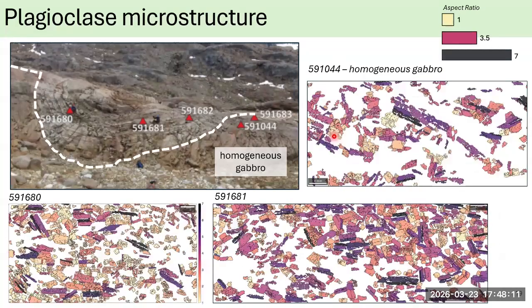So these crystals that are short in 2D, with low aspect ratio, that are equant, are actually those crystals looking at you as the thin section is cut. Thin sections are cut perpendicular to the layering, so these plagioclase crystals are looking at you, and they are parallel to the axis of the troughs.